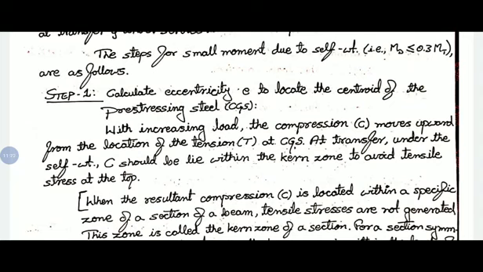With increasing load, the compression C moves upward from the location of the tension T at CGS. At transfer under the self-weight, the compression should lie within the kern zone to avoid tensile stress at the top. When you apply the pre-stressing stress, at a certain section there will be only compression and no tensile stresses.